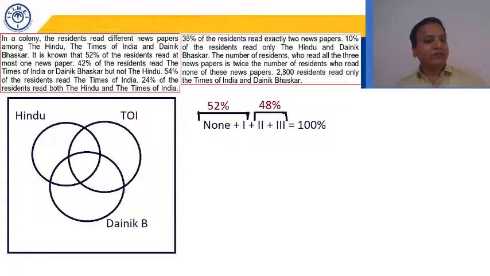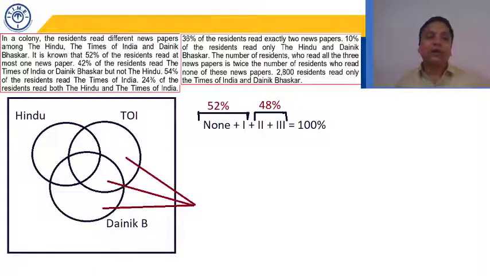It is known that 52% of the residents read at most one newspaper. At most one is none plus exactly 1. So if at most one is 52, at least 2 are 48%. 42% of the residents read Times of India or Dainik Bhaskar but not the Hindu. It is as good as A or B but not C. Now these three regions come into Times of India or Dainik Bhaskar or both, but out of Hindu.